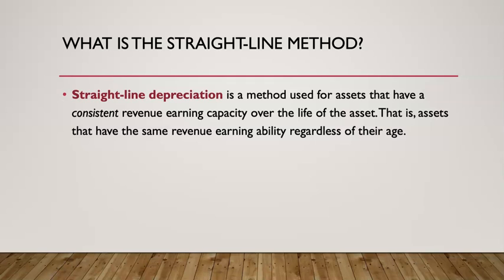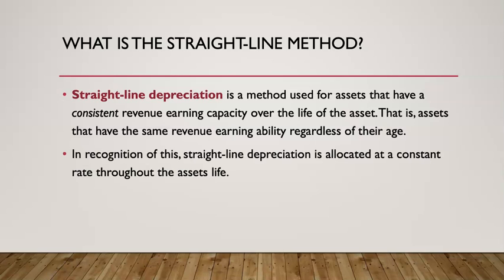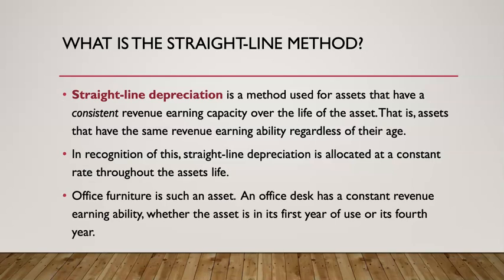What are some of the things that you should be looking at if it doesn't say what method of depreciation to use? It's typically assets with not many moving parts, because these moving parts will mean that it's not efficient over its lifetime. It'll get worse at earning revenue. So in recognition of this, straight line depreciation means we're allocating a constant rate of cost throughout the asset's life.